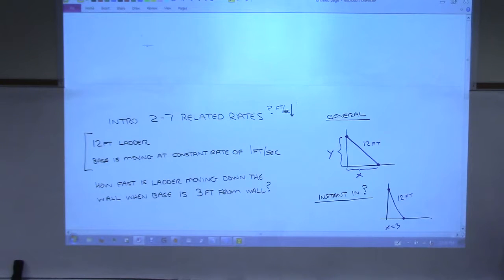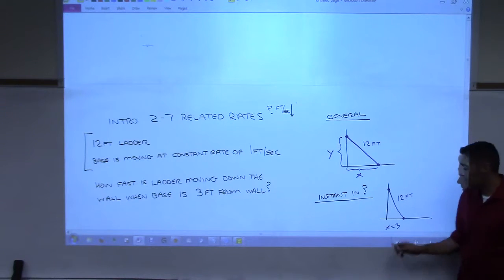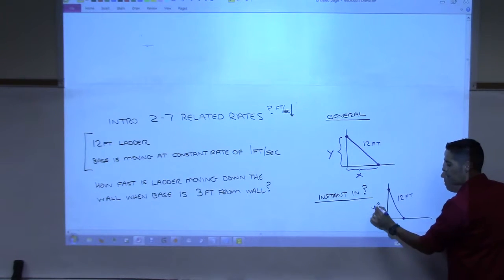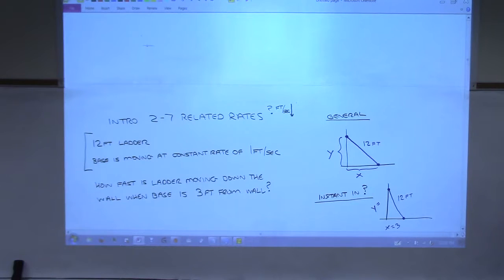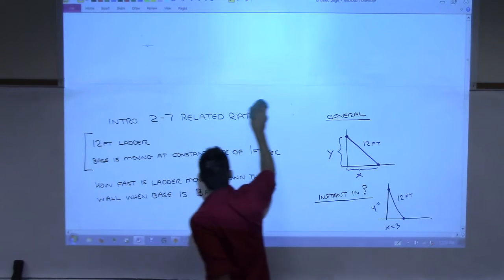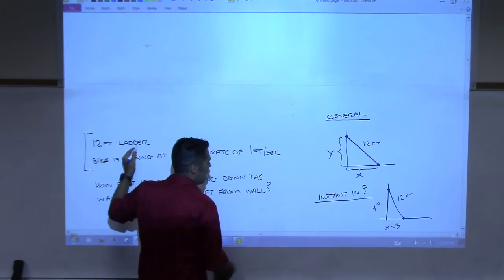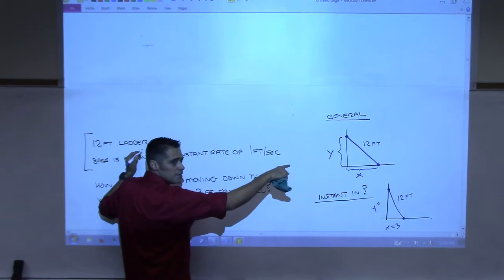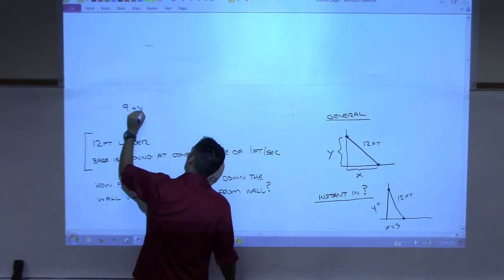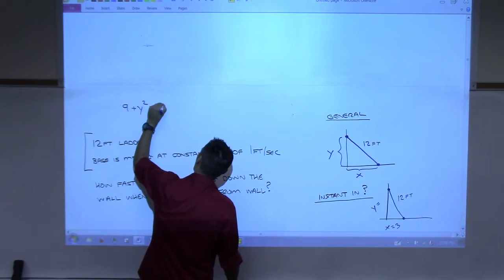Understand? And if I know what x is, and I know the hypotenuse, then can you find what y is? Yes, you can just do Pythagorean, right? Let's go ahead and do that. This will be some scratch work I do over here. I would have that x squared plus y squared is hypotenuse squared, so 9 plus y squared equals 144.